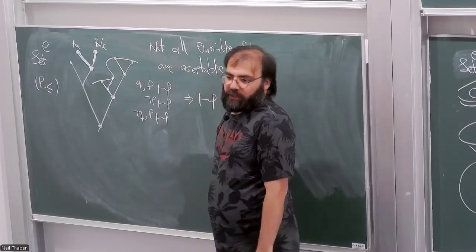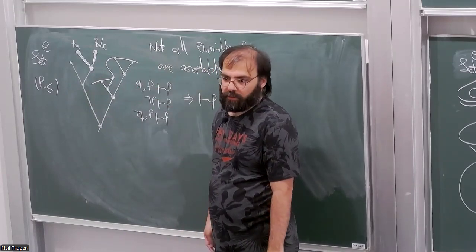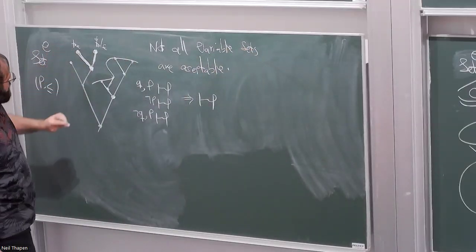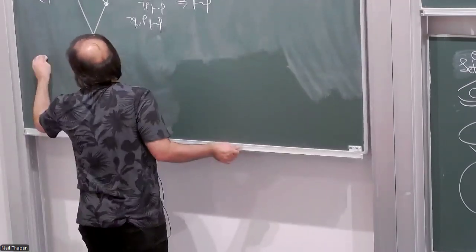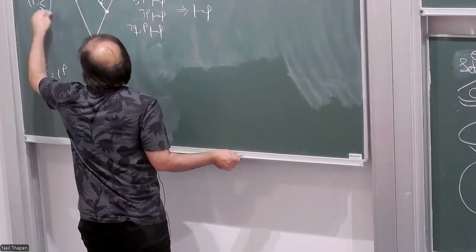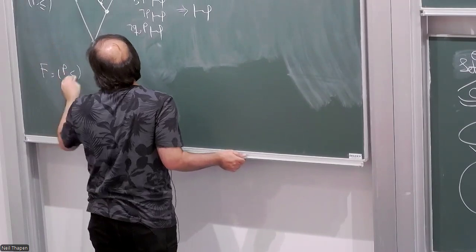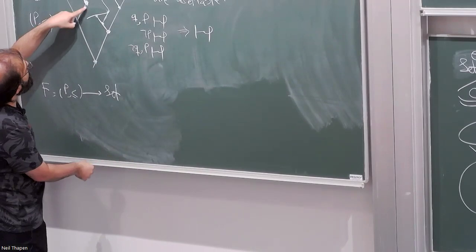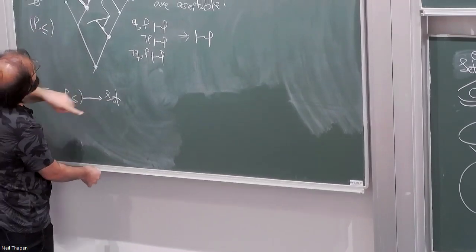So that is a sheaf condition, right? Because what I'm saying is this: let's say that this is my P, right? And this is my variable set. To each node, I assign some set.